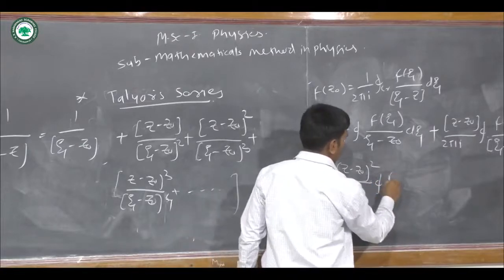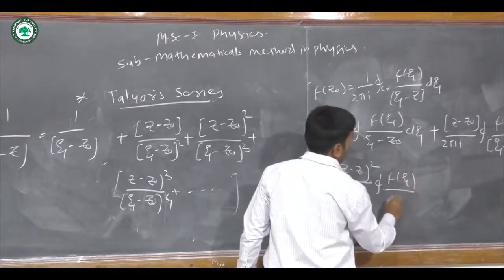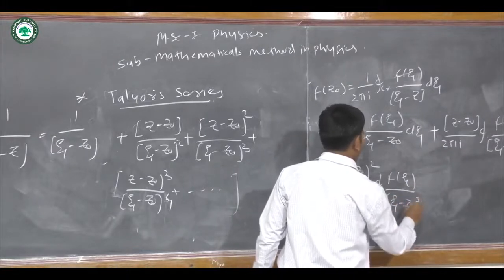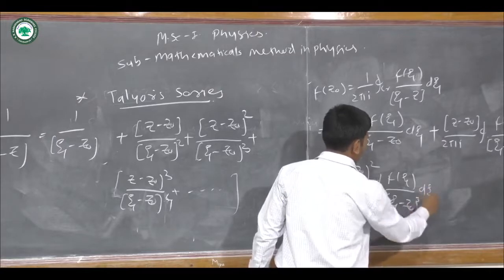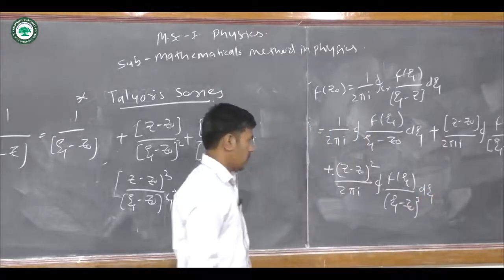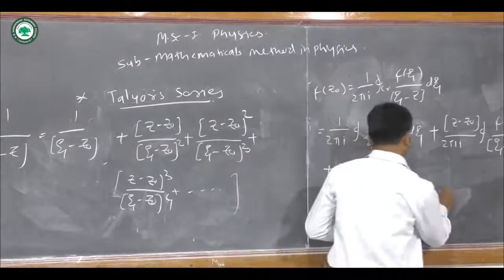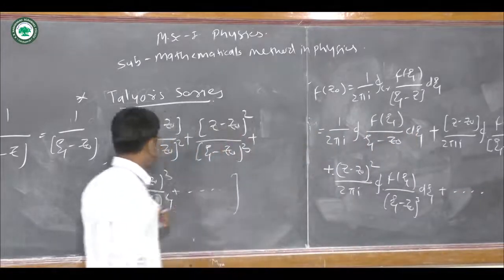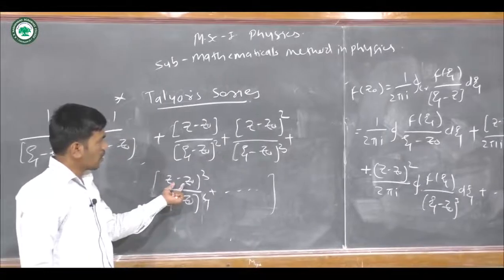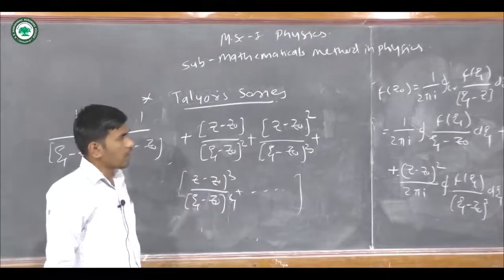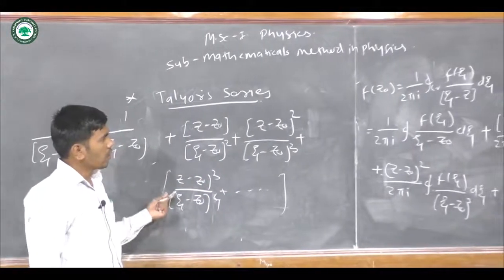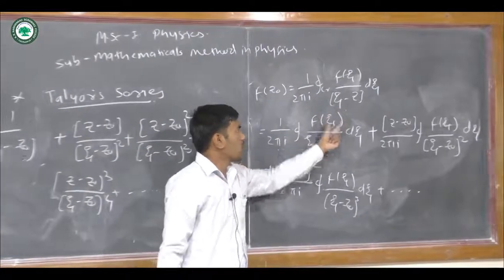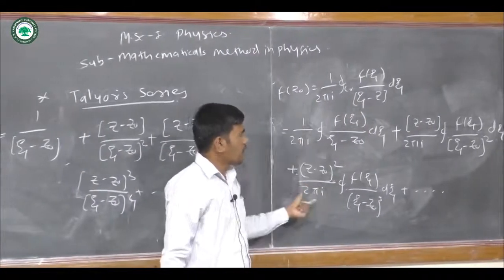So it is f of psi divided by psi minus z naught, bracket power 3, into d psi, and plus so on. Okay, so like this we can write for the same z minus z naught, up to the power n. Okay. So this is after putting these things into this formula. So we are having this series now.